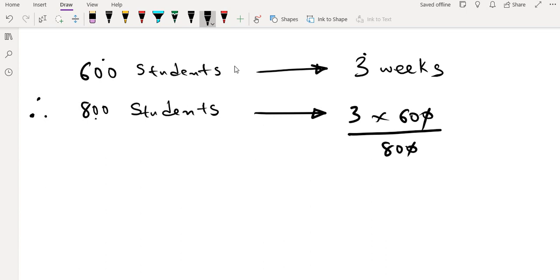Zero cancels zero. 6 times 3 over 8, 2 can go into both. You get 2 1/4 weeks. Okay, 9 over 4 weeks, the same thing as 2 1/4 weeks.